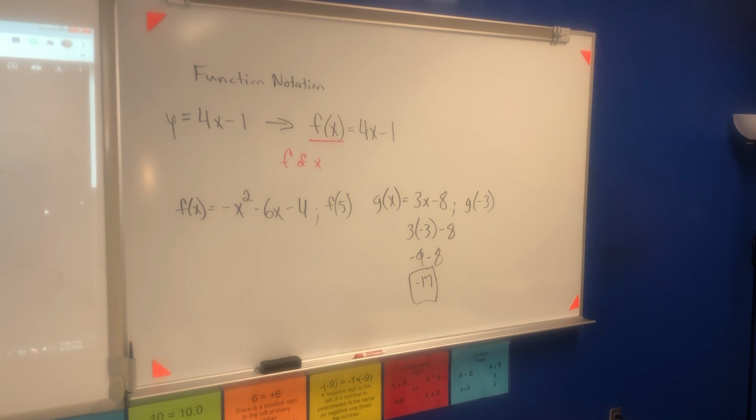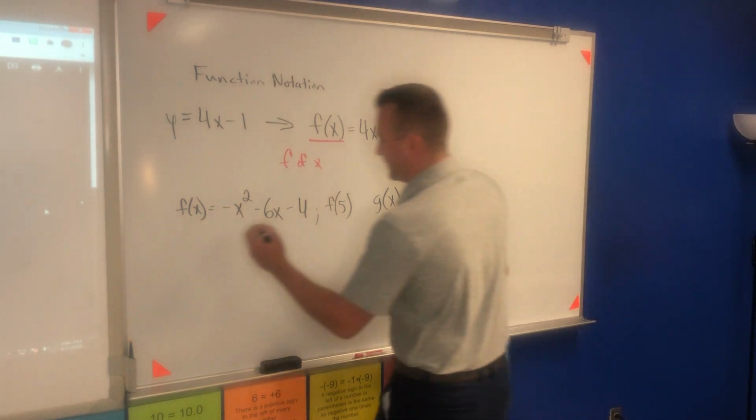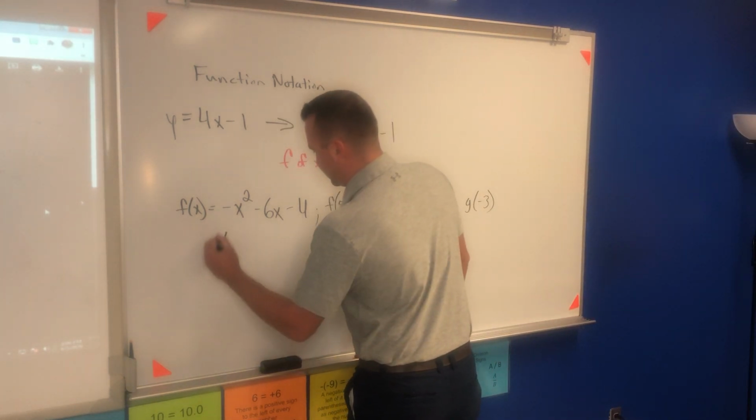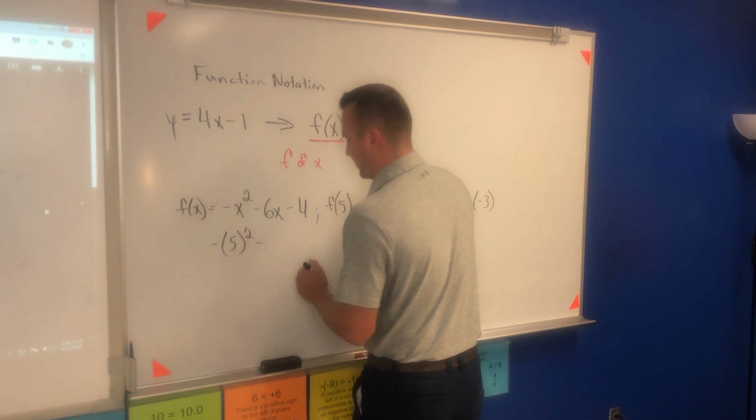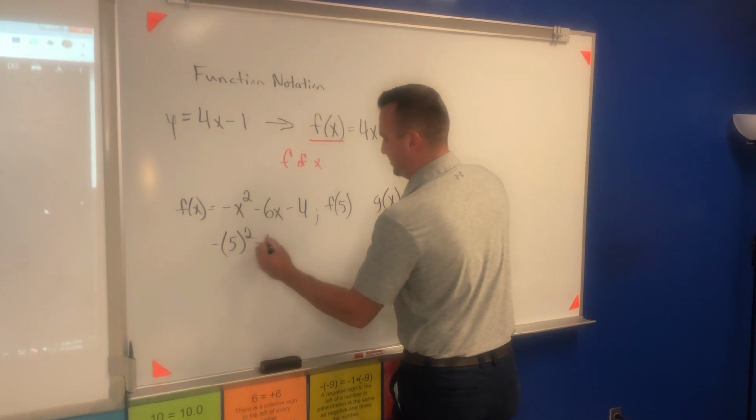Find f of 5. Okay, I'm going to plug in 5 for each individual x. Now notice about the x squared, I've got a negative sign in front of it. It's going to stay on the outside of my parentheses when I do this. Okay, it's just the rule.